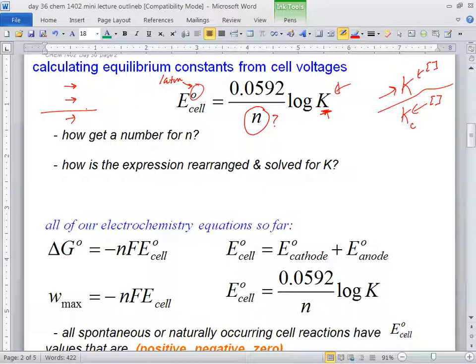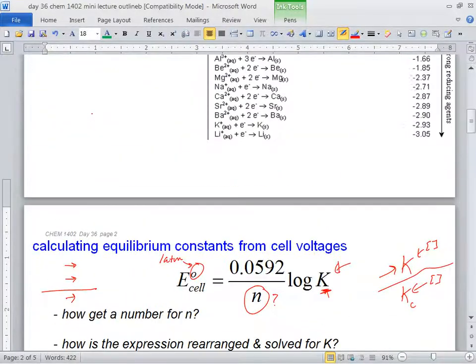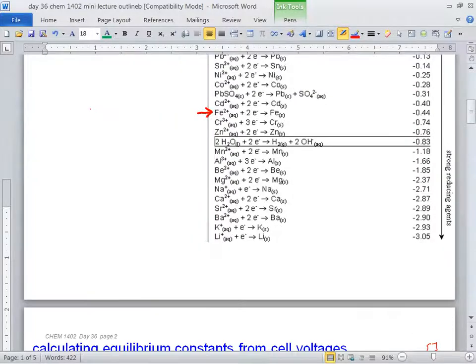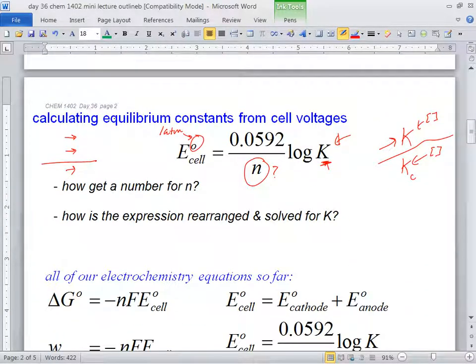From the table, right? You have to pick an anode reaction and a cathode reaction. Remember these two half reactions? Because the table has half reactions, right? And you're going to have to flip one of them, but you're going to end up getting your E0s over here. You get so many volts for each one, and then you add them up, and that was our E0 cell. Remember doing this?